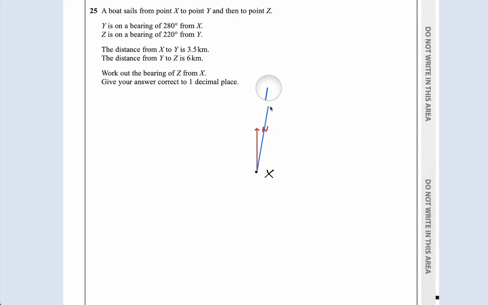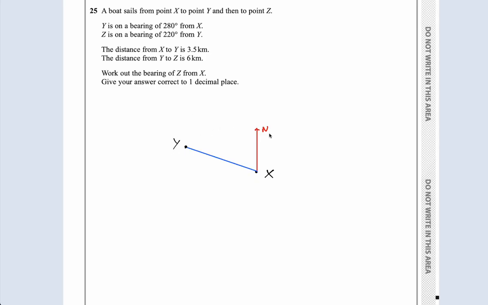So we're going to turn right 280 degrees. So that's 90, 180, 270 is exactly there, and 280 will be somewhere up here like this. So Y is here. It is on a bearing of 280 degrees from X.